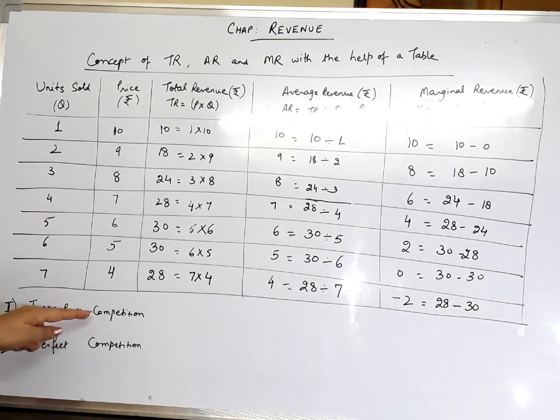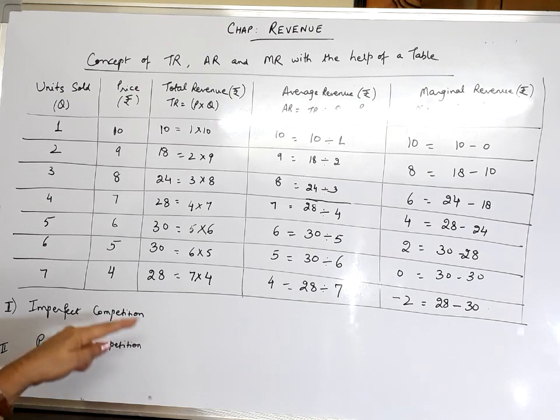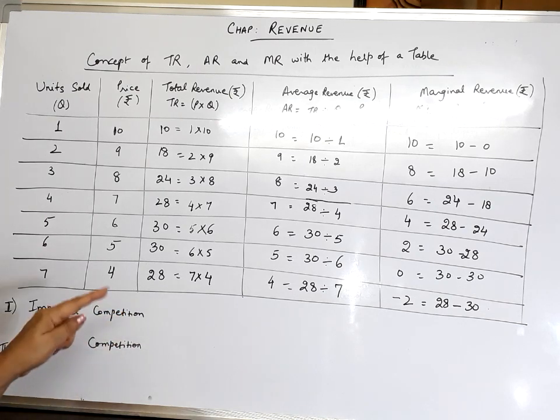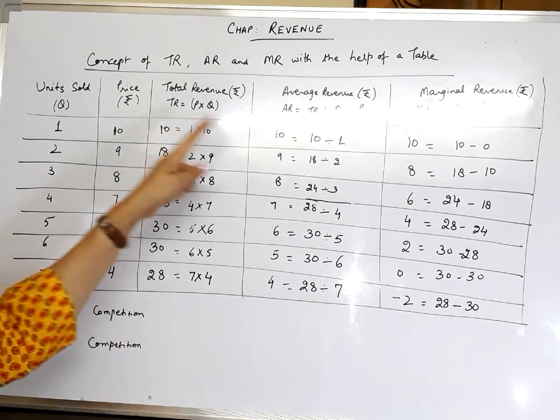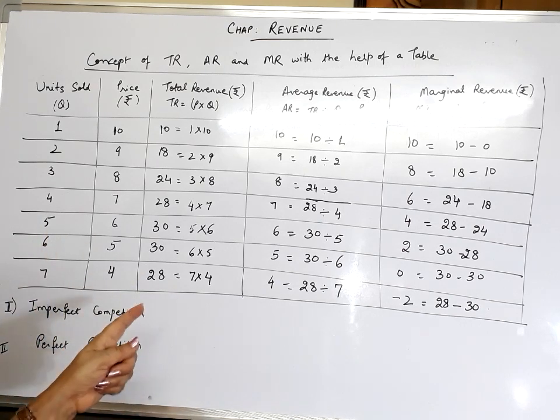More units of output can be sold only when the price per unit is reduced. And perfect competition is in your syllabus now since the syllabus has been reduced. We will be doing, of course, just both of them in small examples. This one is for imperfect competition. We shall also be explaining perfect competition.